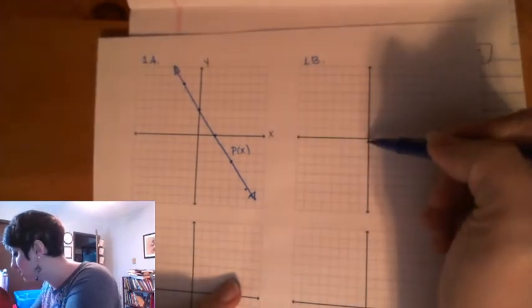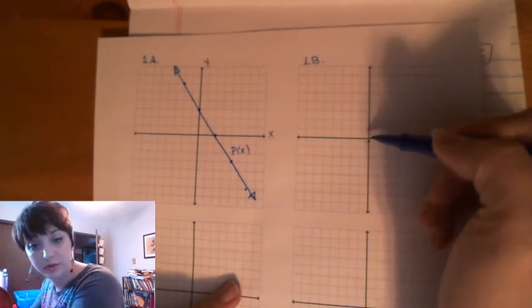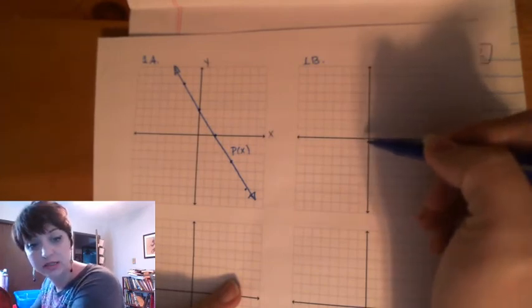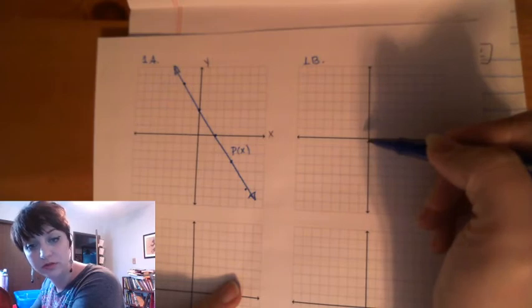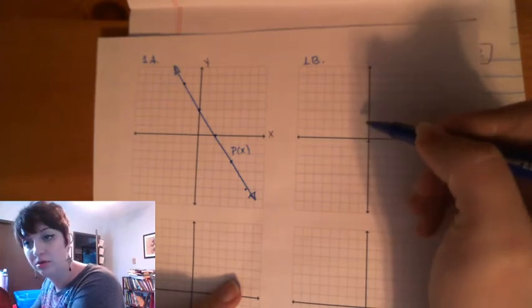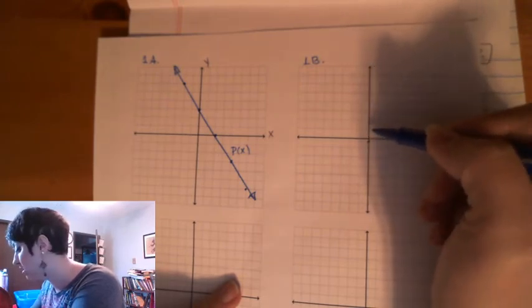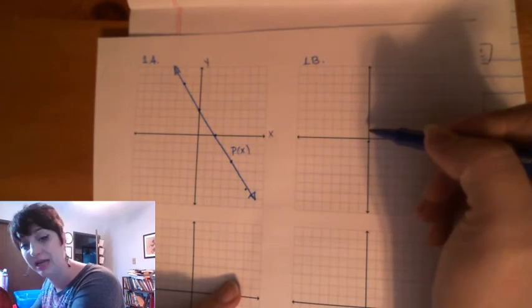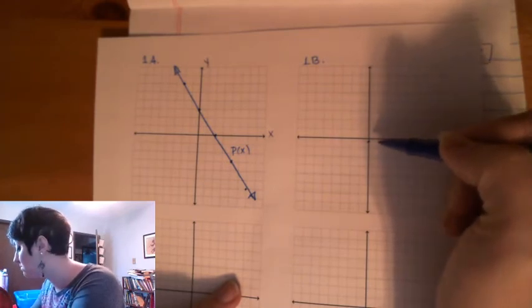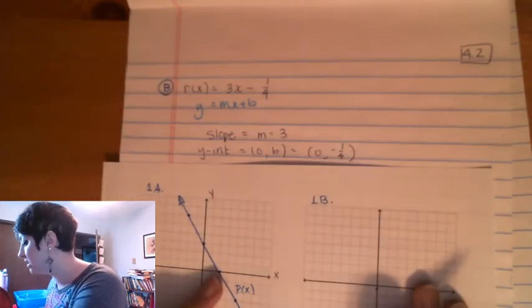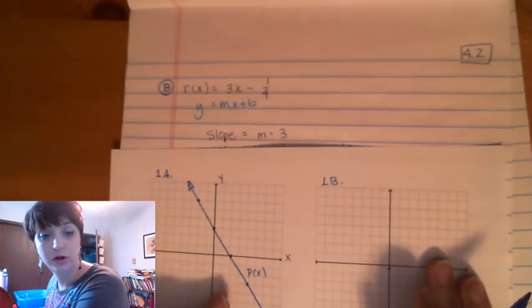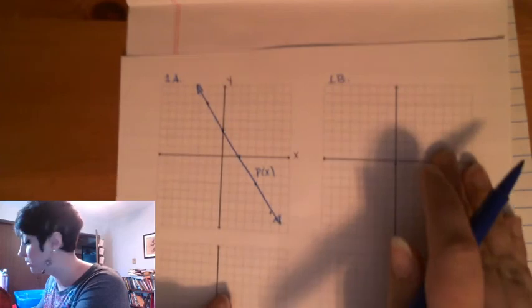So basically what I see here is that I'm a little bit below the horizontal line that's above. So every time I count up, instead of going up to the next horizontal line, I'm going to be a little bit below it. I have a positive slope of 3, so it's 3 over 1, so up 3, right 1.